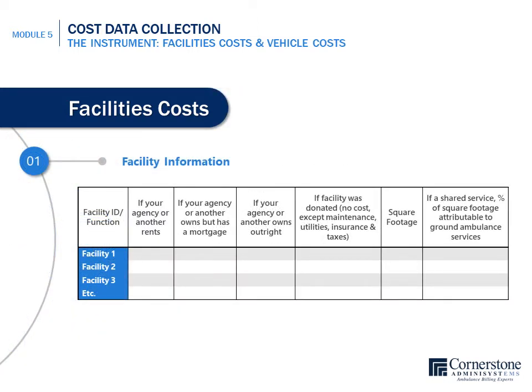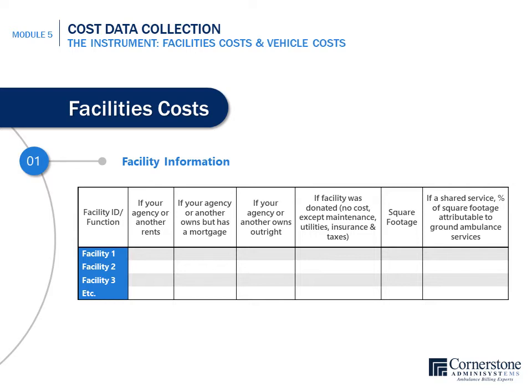In this table, you can see how CMS wants to see certain information for each of your facilities. On the next slide, we'll break down how CMS defines what an acceptable facility is, but for now, we'll just walk through these sections here, these columns. So first of all, for each facility, CMS will want to know if your agency or another agency rents it, if your agency or another owns it but has a mortgage, if your agency or another owns it outright, if the facility was donated.